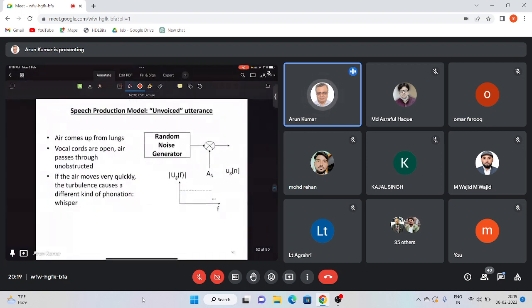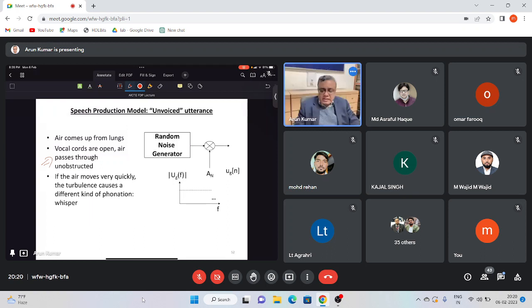Now for the unvoiced part, the air comes up from the lungs, the vocal cords are open, air passes through unobstructed, and then if the air moves very quickly, a turbulence phenomenon is created, and sometimes we create constrictions somewhere in the vocal tract, as we have seen from the above examples of consonant utterances, and that causes random flow of air or turbulent airflow.